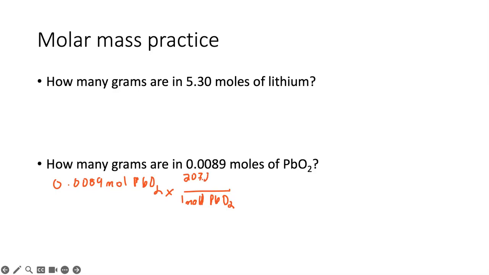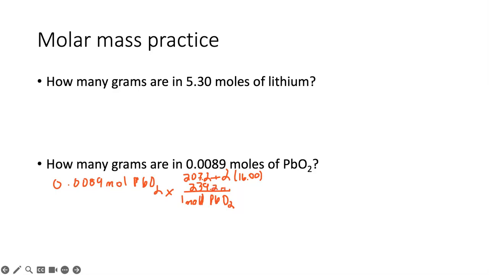And then when I look at the molar mass of oxygen, I get 16, but I have to remember that I have 2 of them. So I'm adding 2 times 16, or 32, and what I'll end up with is a number like 239.2. So that's the molar mass for lead 4 oxide, 239.2 grams in 1 mole.